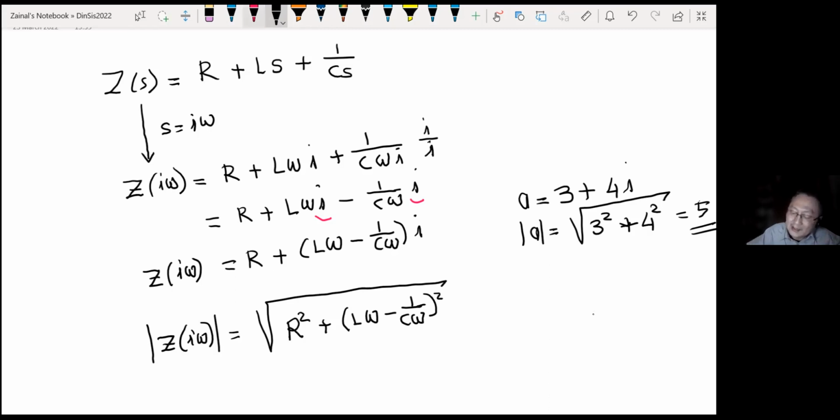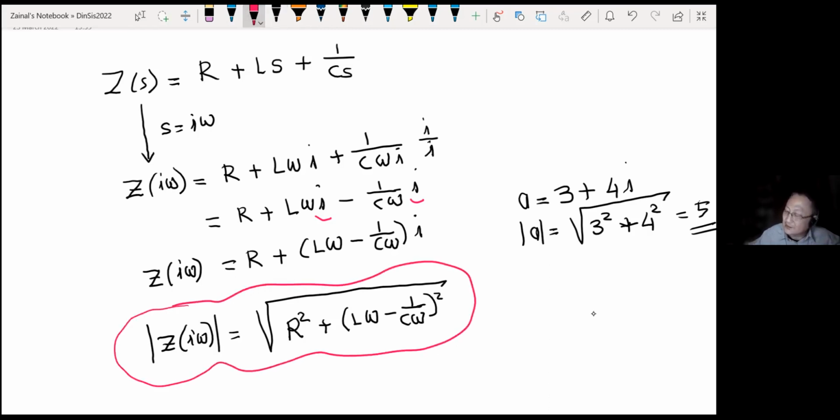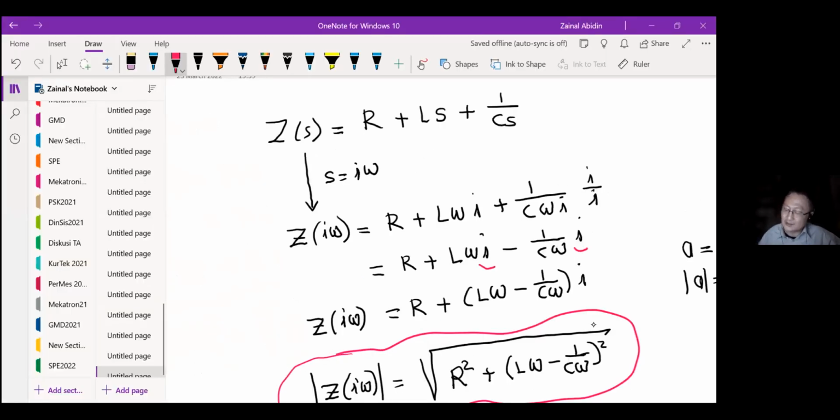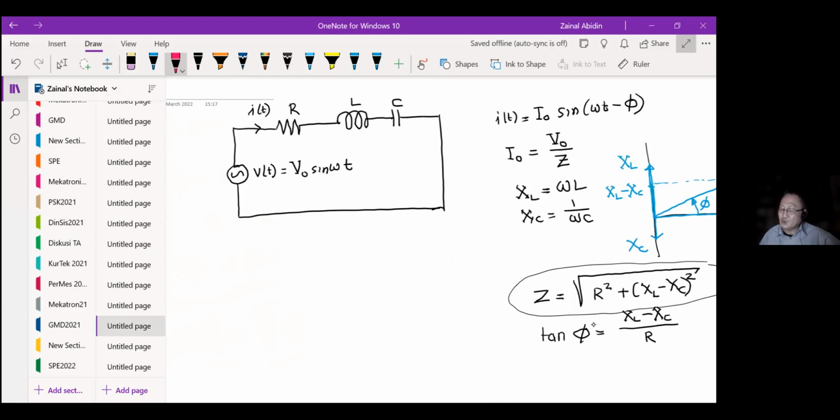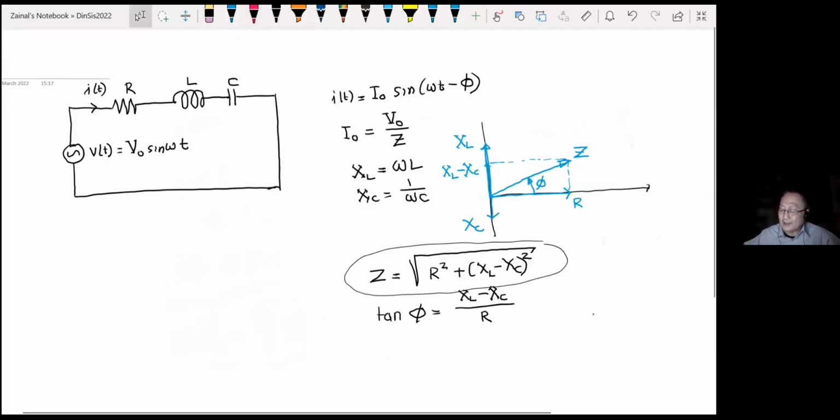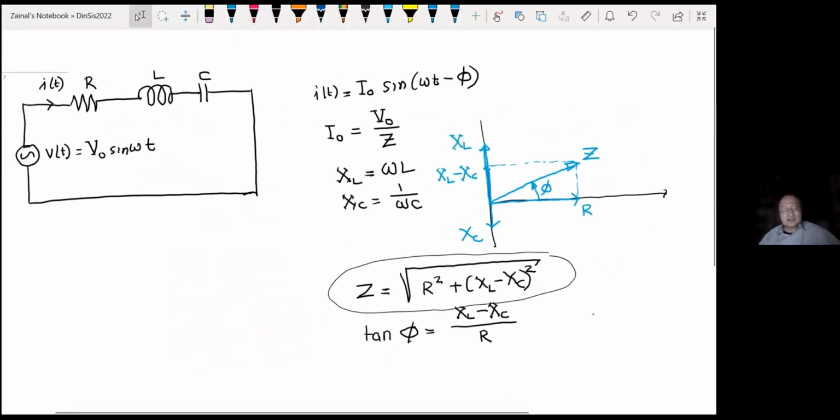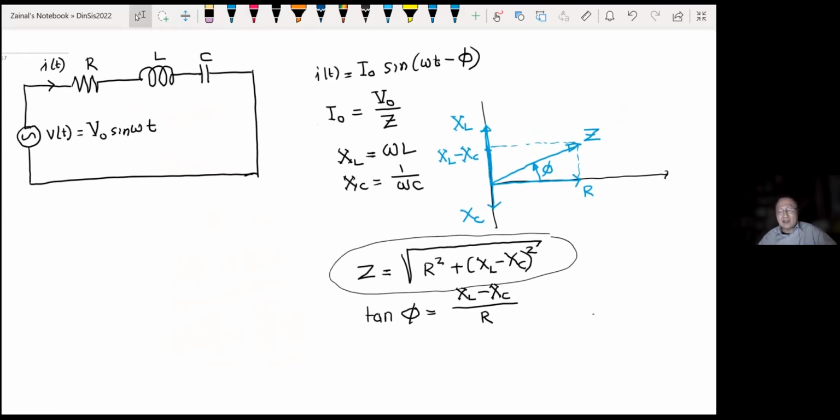And this one is what you learned in senior high school, and I also repeated it in Sistem Penggerak Elektrik.